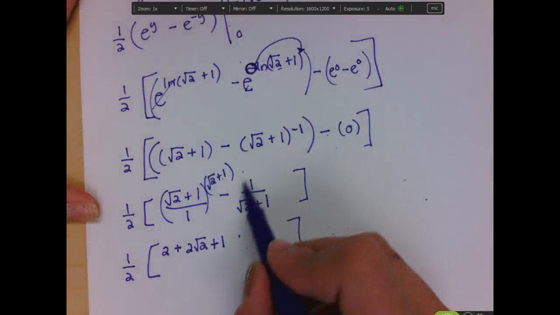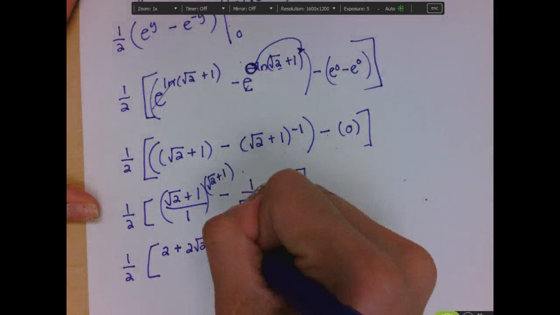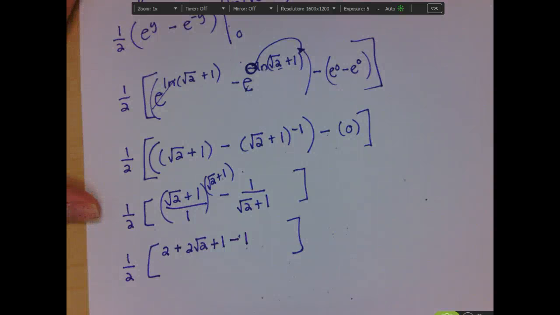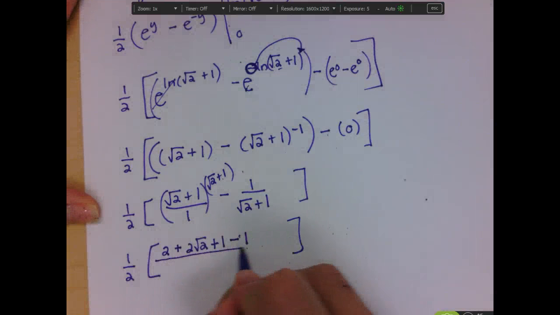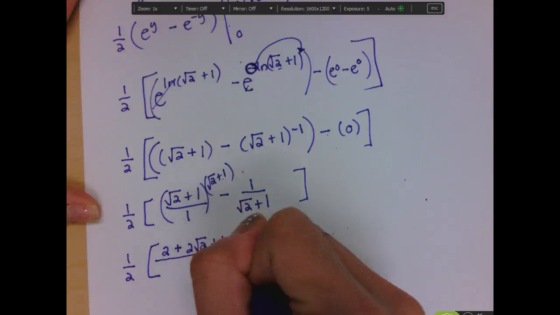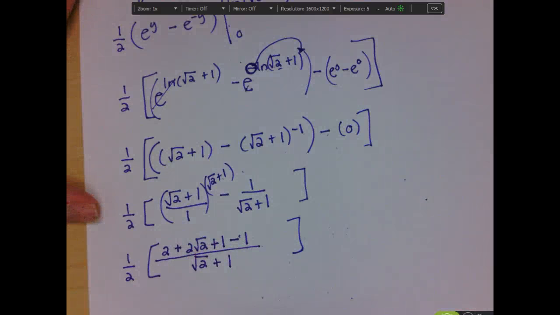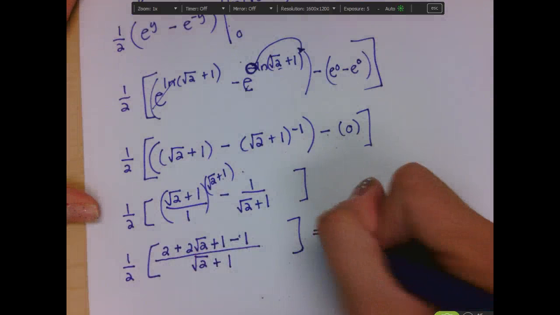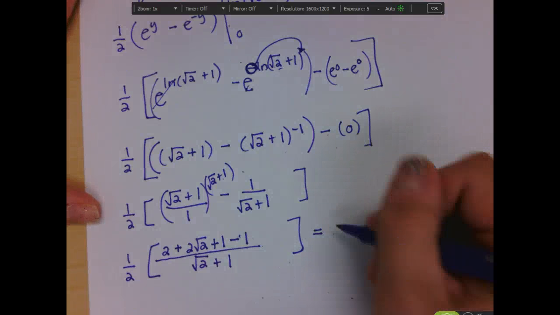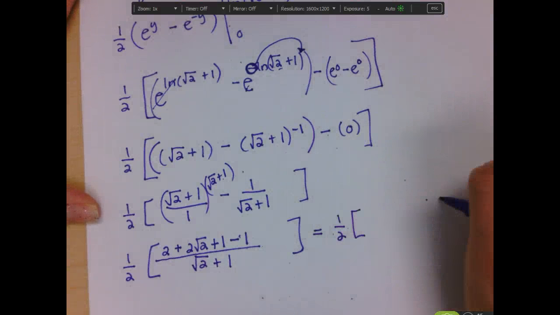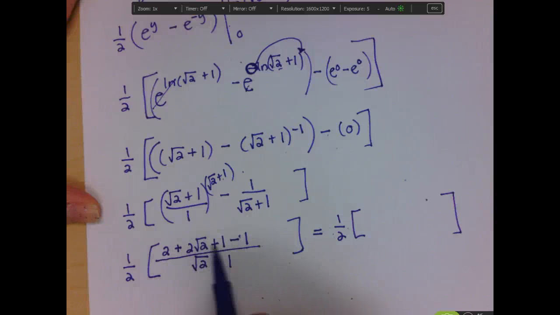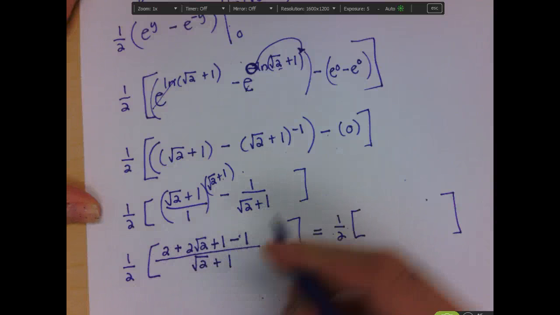This one already has the common denominator, so I don't need to multiply it by anything, so I'll go ahead and add that negative 1 in with that numerator and write the entire fraction over the square root of 2 plus 1. Keeping it moving, combine some like terms within the numerator. 2 plus 1 is 3, 3 minus 1 is 2.